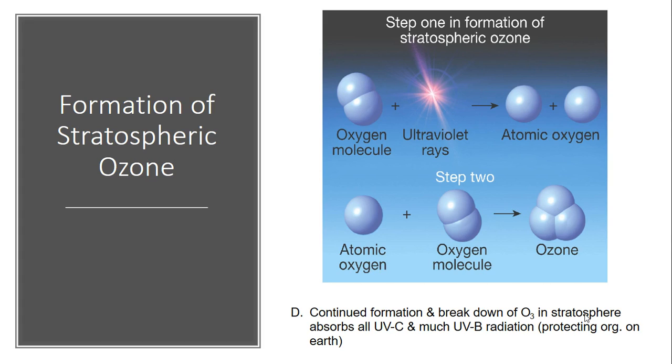Now, how does stratospheric ozone form and naturally deplete itself? Ozone is comprised of three oxygen atoms, and while it remains in the stratosphere, it is continuously forming and breaking down. So we see oxygen gas or O2 continuously forming with free oxygen atoms, and that O3 is then breaking down or being split and reacting.